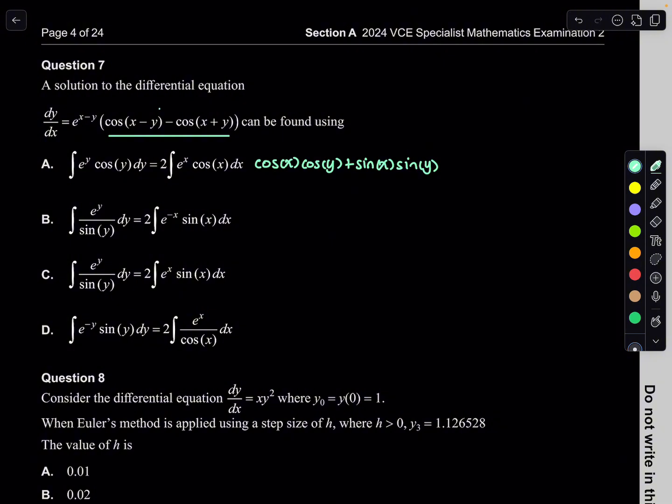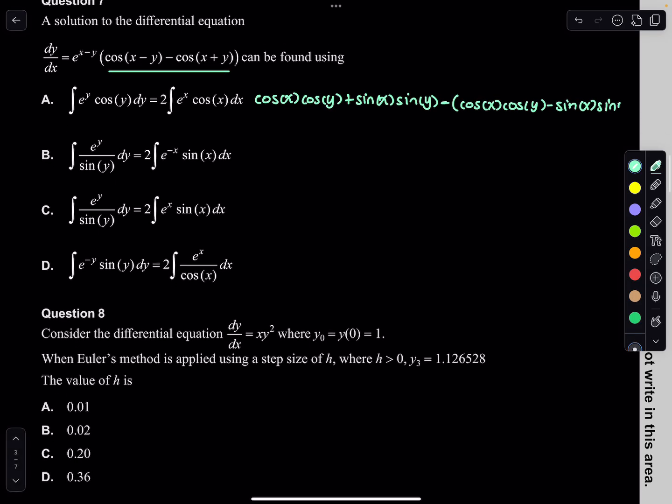That is cos(x minus y). Don't forget the minus, and you've got to get cos(x plus y), which is also in your formula sheet. So it'll be cos x cos y, is that correct? Just let me check. Yep, minus sin x sin y. There it is. Beautiful.